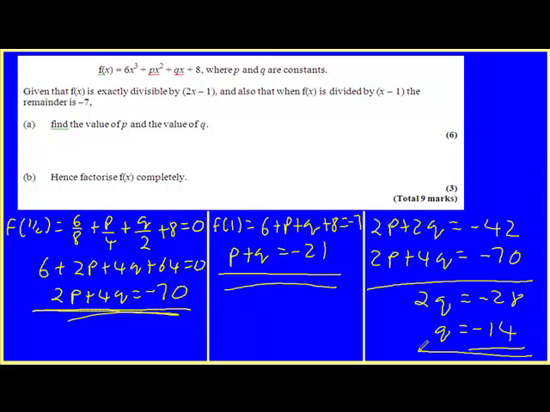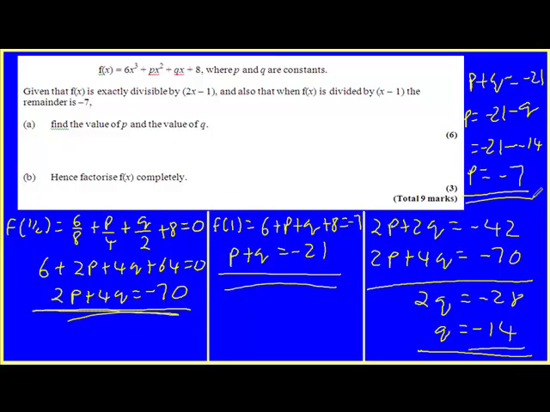That's my first solution. If I now use this equation here, p plus q equals negative 21. I've already got q, so p is negative 21, take away q, which is negative 21, take away negative 14, which leaves me p equals negative 7.